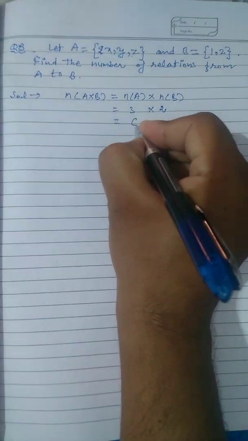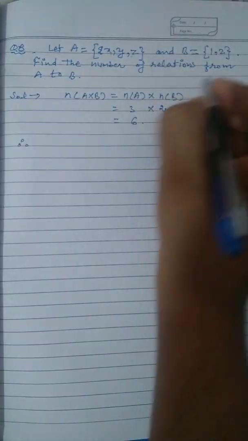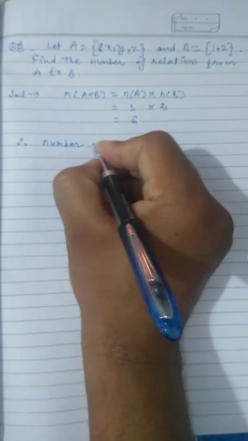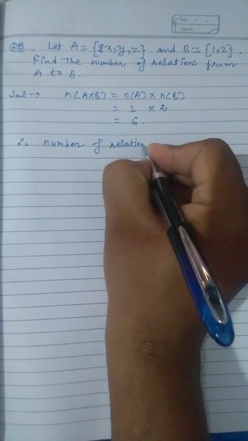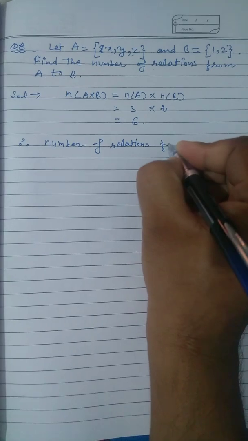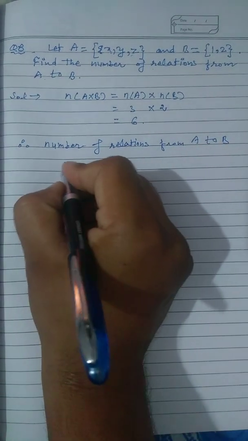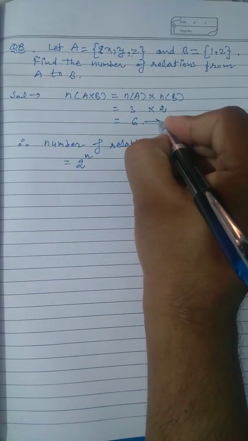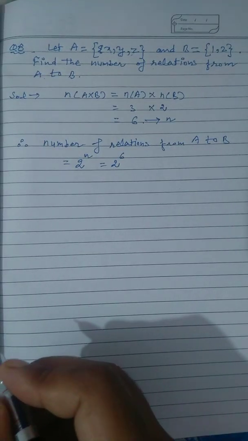So 3 into 2, 6. Therefore, number of relations from A to B is equal to 2 raised to power n, where n is the number of elements in A cross B, that is 2 raised to power 6. So this is the answer to the question.